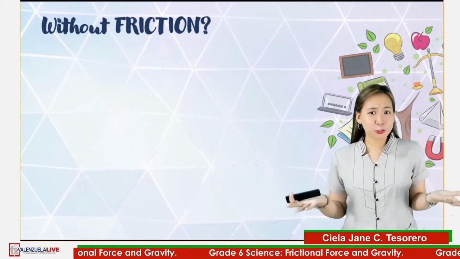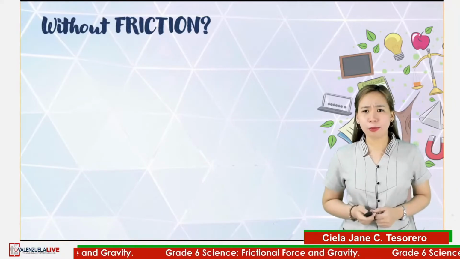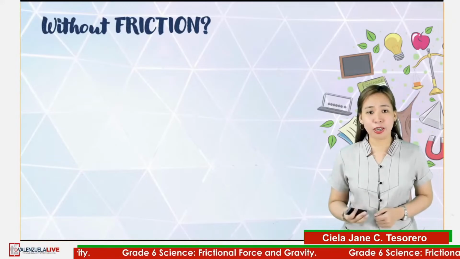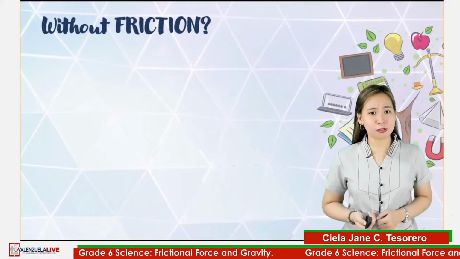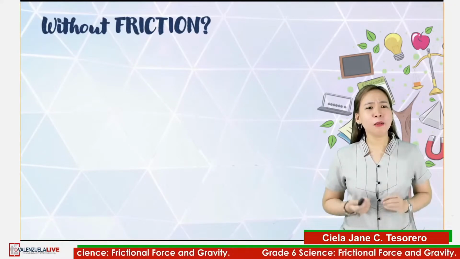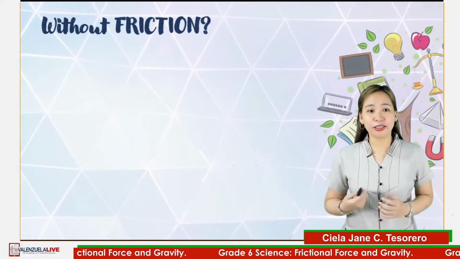But can you imagine life without friction? What would happen if there is no friction that resists our movement, the friction that slows down and stops us? Without friction, it would be impossible to move in any direction other than down.